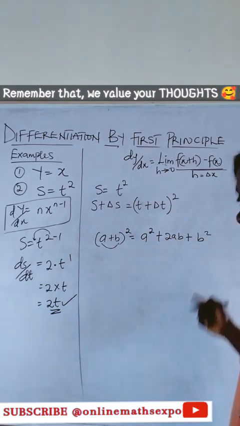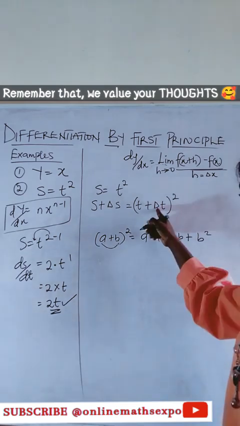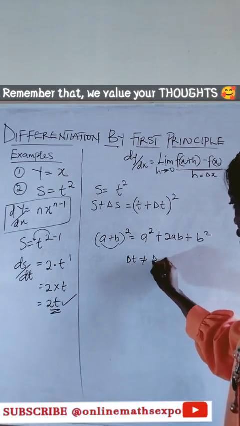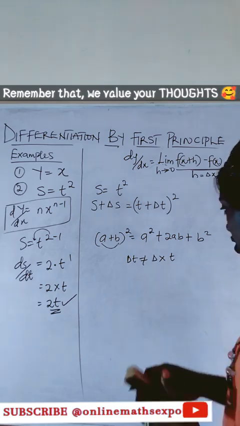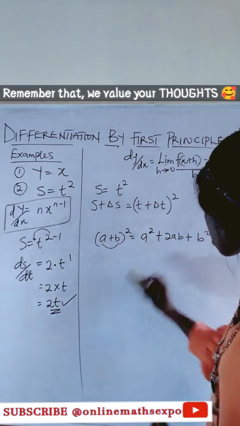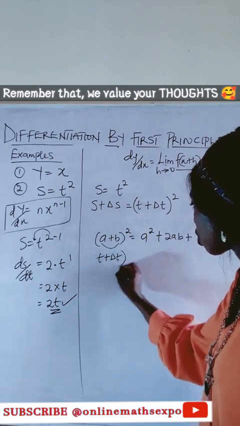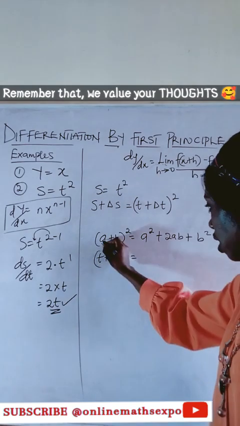So this is the formula we are going to use to expand this. I hope you are following. But remember that this does not mean change times t. I hope you know, it's just 1. So don't split it. So let's expand this. To expand this, we are going to have t plus change in t all squared is equal to, this is our a.